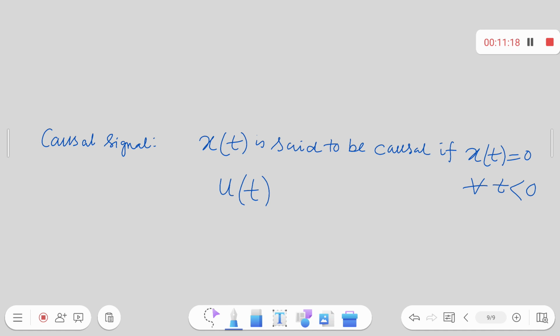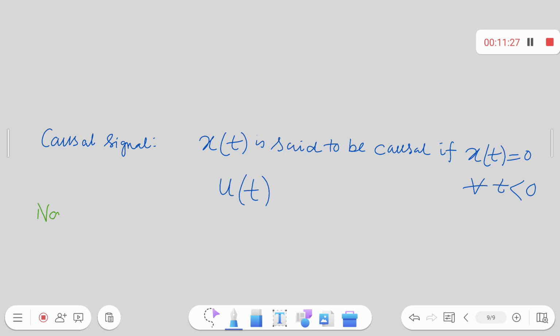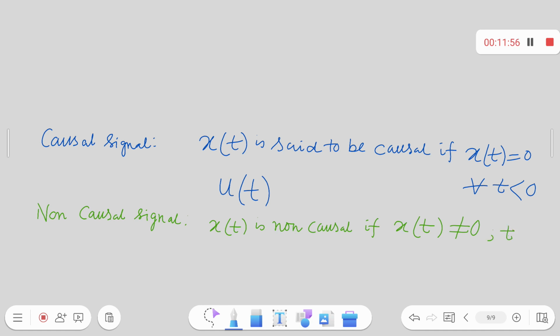That means a signal x of t is said to be non-causal if x of t is not equal to 0 for any t less than 0.